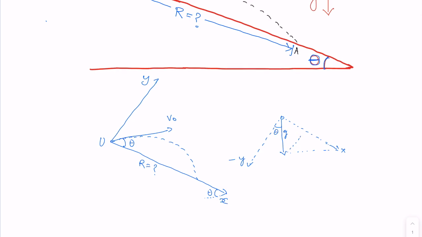So the x component of the acceleration vector, ax, is g sine theta i cap, and the y component, ay, is minus g cos theta j cap. So the acceleration vector as a function of time is g sine theta i cap minus g cos theta j cap.